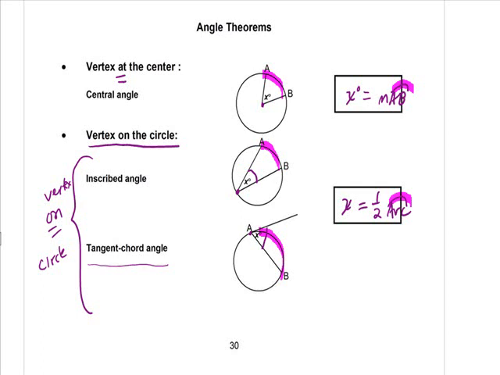And then the only new part that we learned on this page is a tangent chord angle, which also has the vertex on the circle and is half its intercepted arc. So an inscribed angle and a tangent chord angle have that in common, that the vertex is on the circle, therefore it's half the intercepted arc.